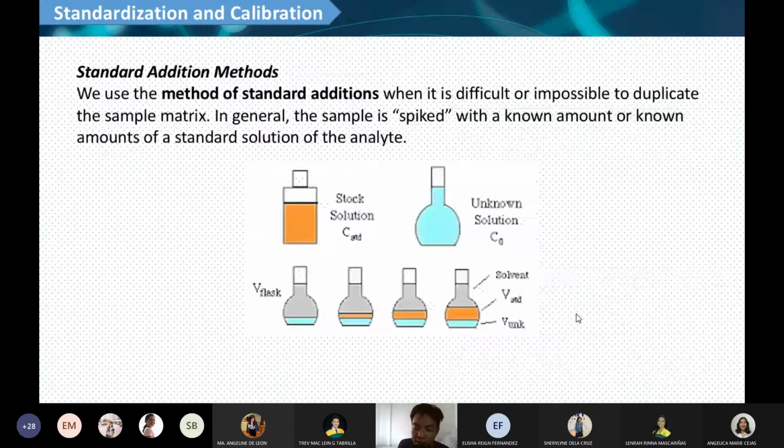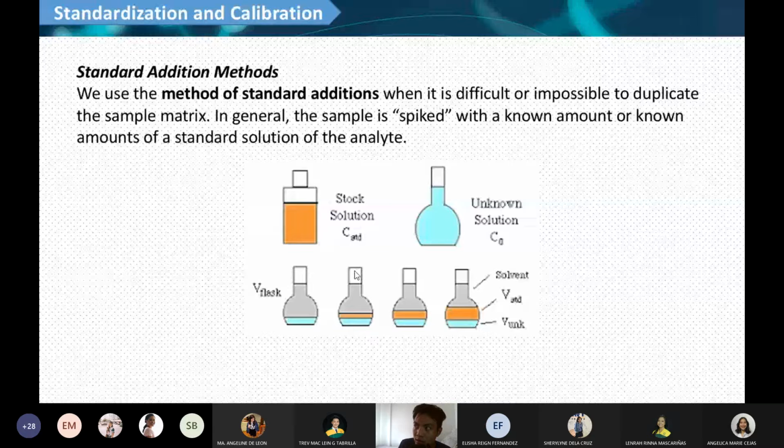And then the last one that doesn't generally require a calibration curve is the standard addition. What happens here is that you read the measurement for your unknown, and then you add another amount of your stock solution or your standard solution to your unknown to change the reading of the instrument.